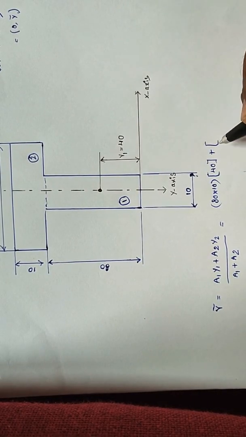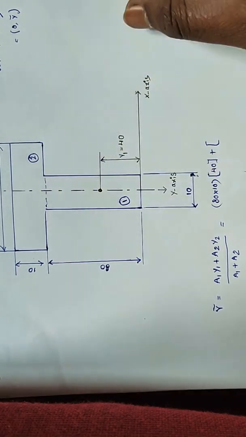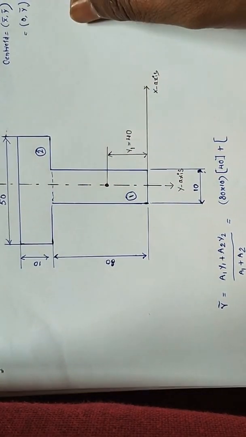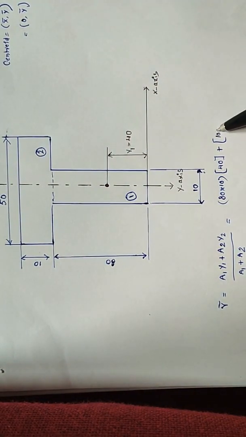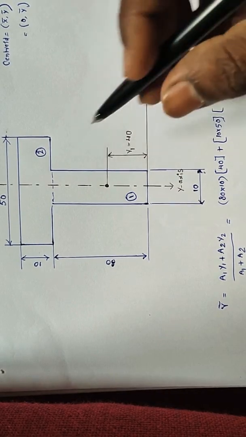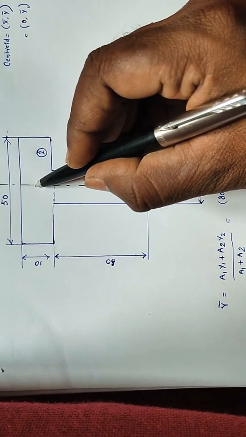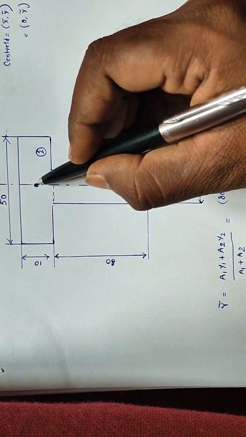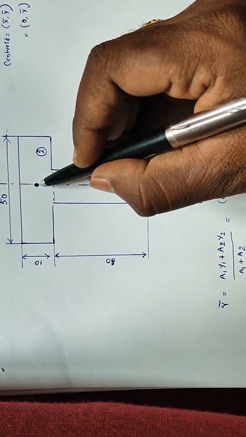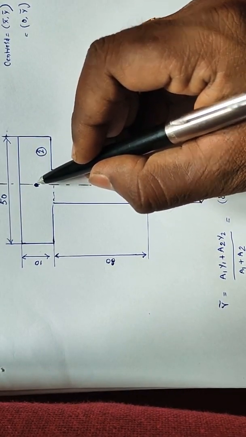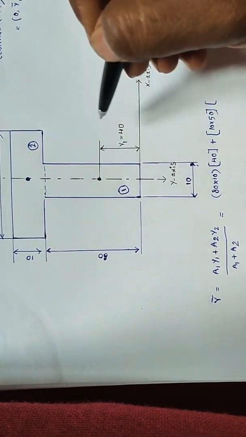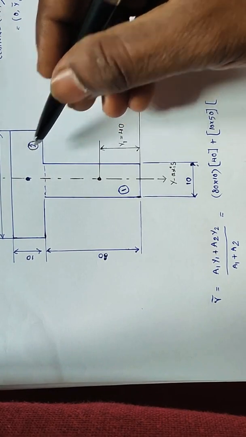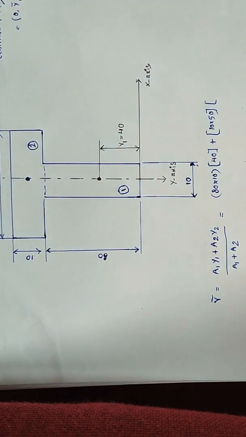Plus area 2. The second element is 10 into 50. Area 2 is 10 into 50, and y2 means the centroid of this second element, which lies at the center for the second element. y2 is the distance of the centroid of the second rectangle, measured with respect to the x-axis.